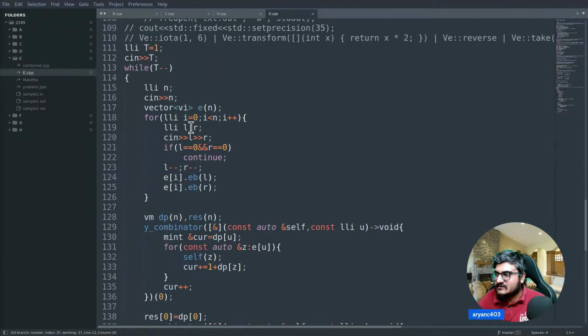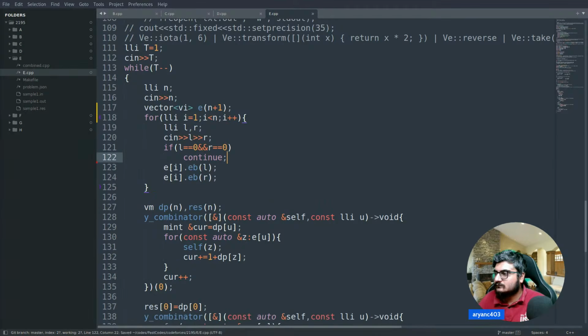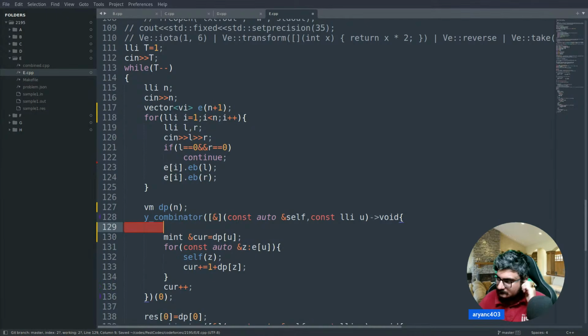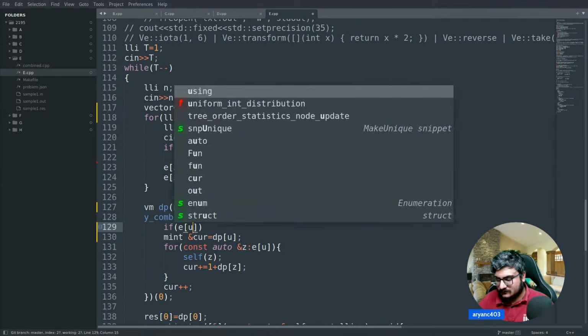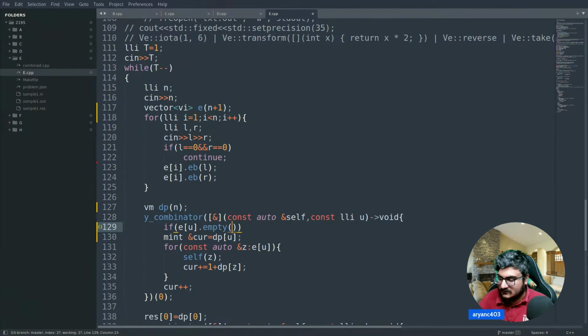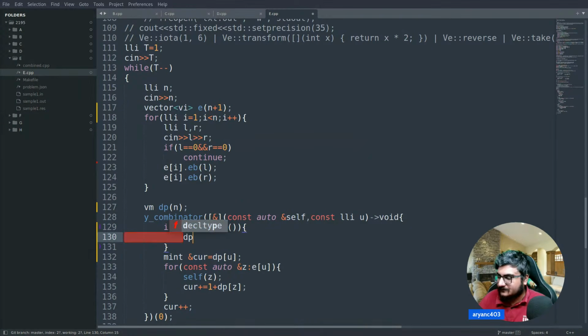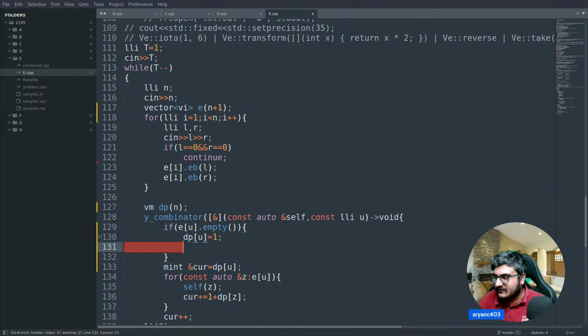Let's first take the graph as input. If U is a leaf node, then whenever you reach here, within 1 second, you will go to the parent.